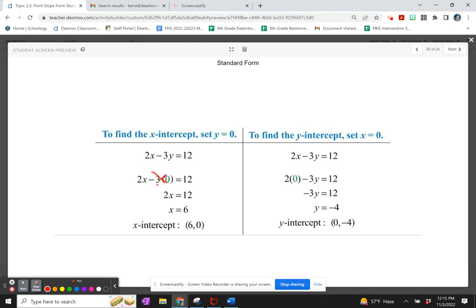Negative 3 times 0 goes away, and then you're left with a 1 step. So then you can divide by 2, and then that's how you get x equals 6. Now to find the y-intercept, you're going to set the x equal to 0. 2 times 0 goes away, and then we're once again left with a 1 step. So these are two different answers for this problem.